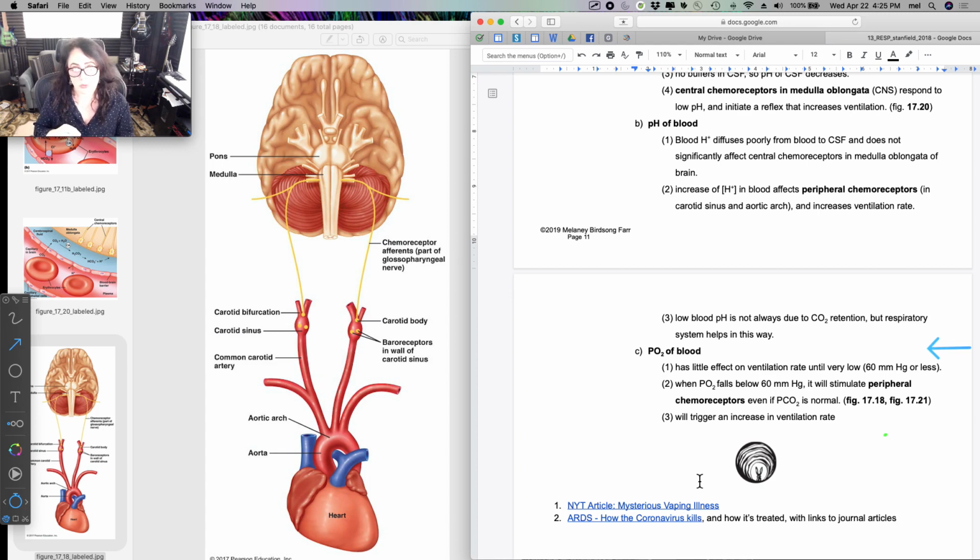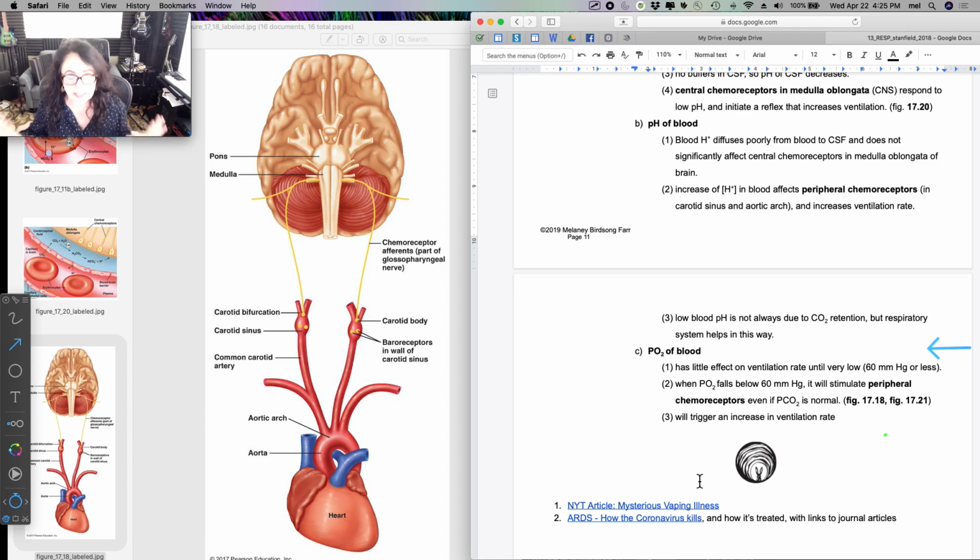What should I do? Should I breathe more or breathe less? Well, yeah, you should breathe more, right? Even if the low blood pH wasn't due to carbon dioxide, that's how the respiratory system is going to help with the pH of the blood. So basically, every low pH problem with the respiratory system is dealt with by increasing ventilation, even if it wasn't due to carbon dioxide.